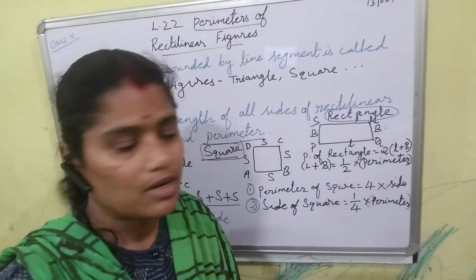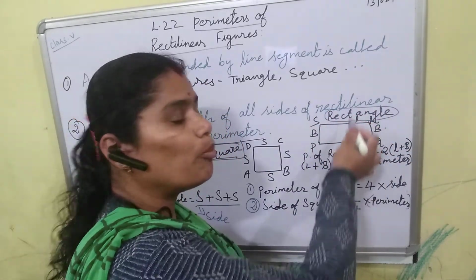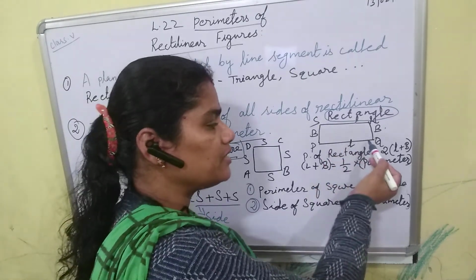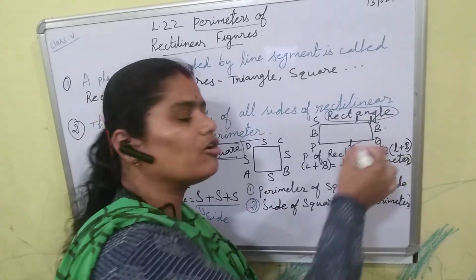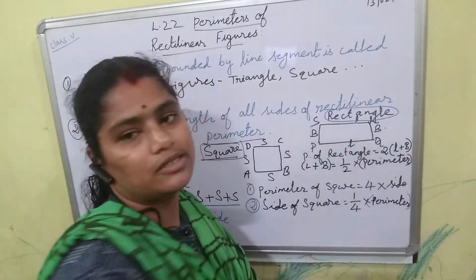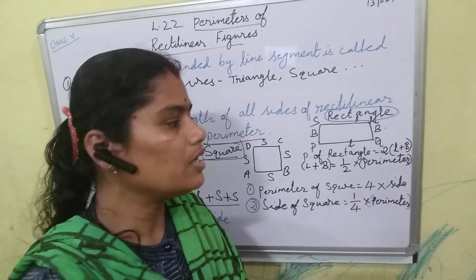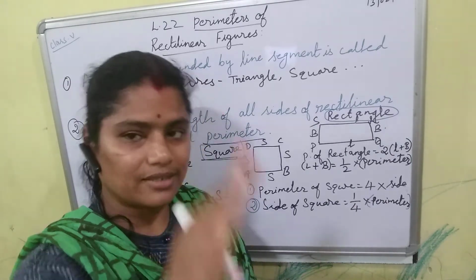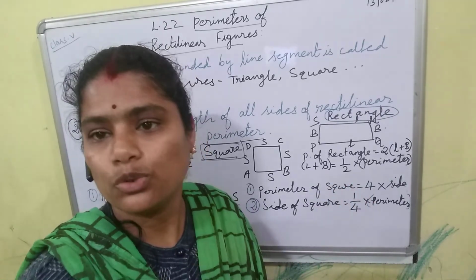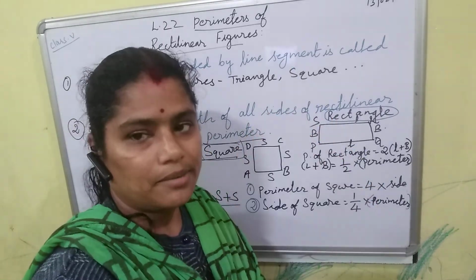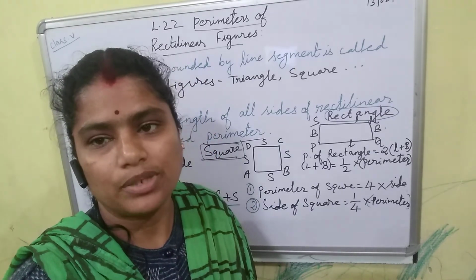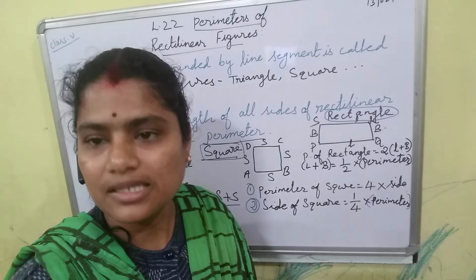The third one is rectangle. Opposite sides are equal in the rectangle. One side is called length, the next side is called breadth. Length has 2 sides and breadth has 2 sides, because opposite sides are equal. So the perimeter of the rectangle is equal to 2 multiply bracket L plus B. L means length, B means breadth.